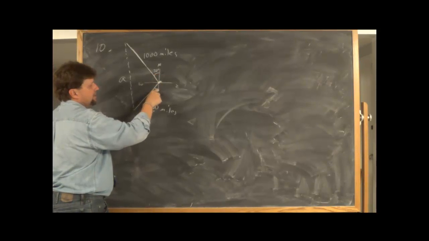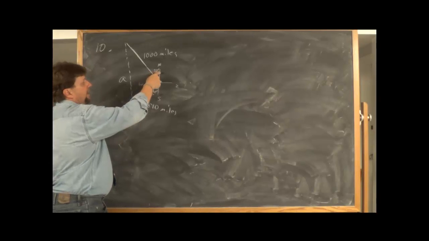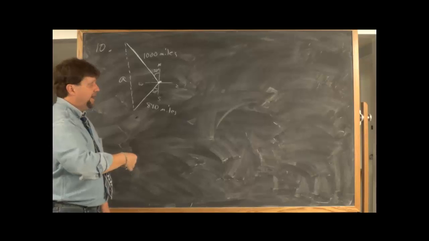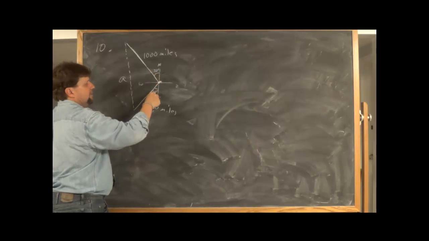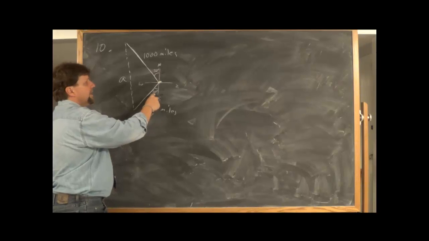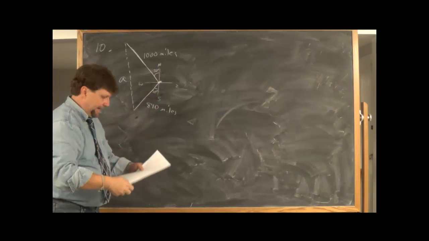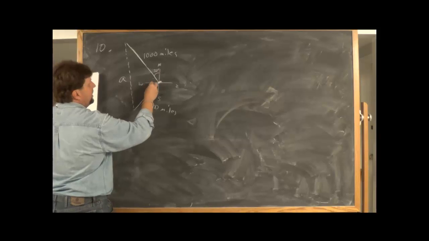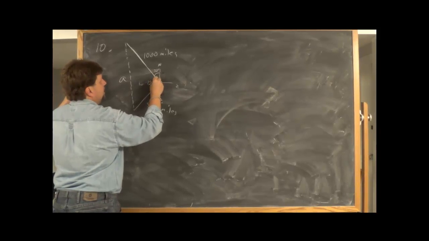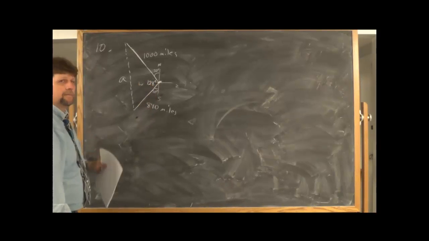This little angle here is 20 degrees. From north to south is 180 degrees. That's a straight angle. So I just have to add these two together to get 52 degrees. Subtract that from 180, and I get this big angle in here is 128 degrees.